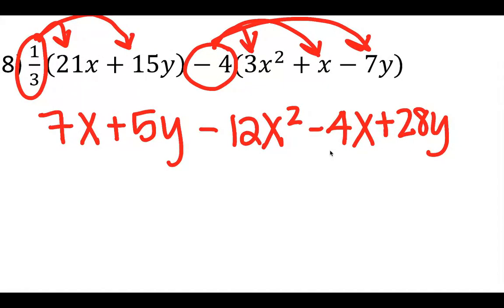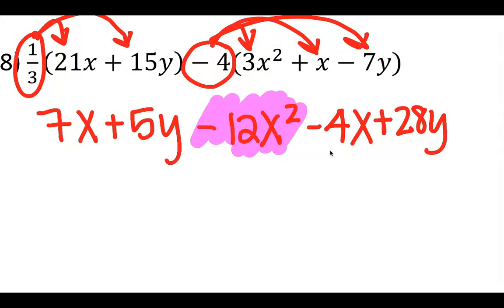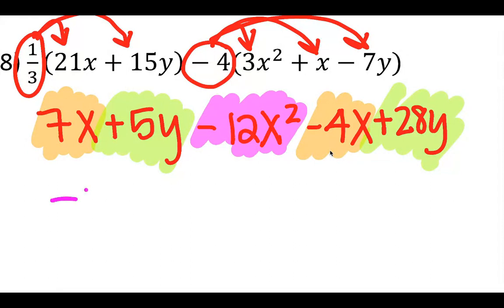Okay. Then I've got this negative 12x squared, 7x, negative 4x, and then I have these y's, 5y and 28y. So first I've got to do my pink negative 12x squared. I don't have anything to combine with, so I'm just bringing it down.